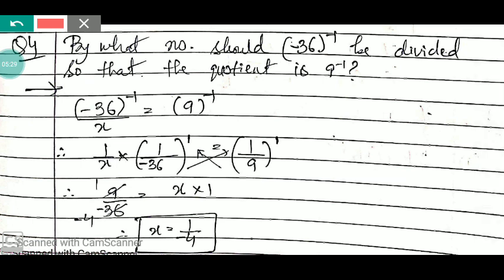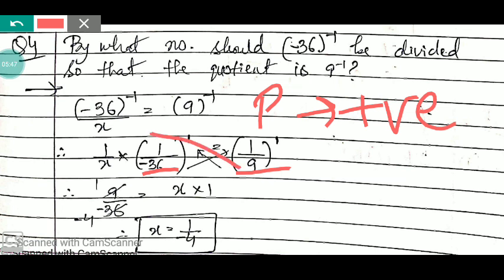Here, cross multiplication is done, but the first step is making the powers positive by taking the reciprocals. So in both we have taken the reciprocals first, and then by cross multiplying we get the answer. 9 will go this side, 36 will go this side.